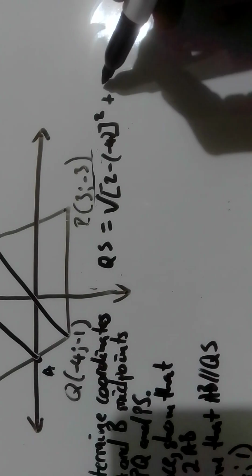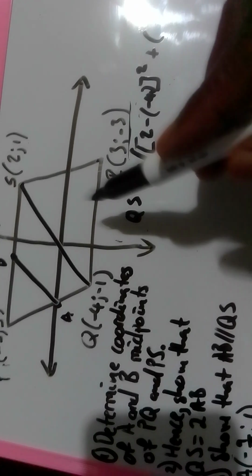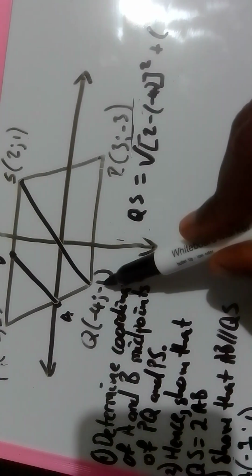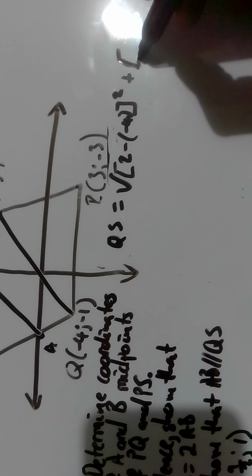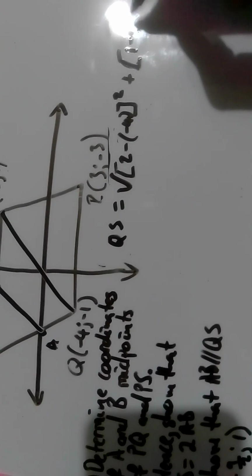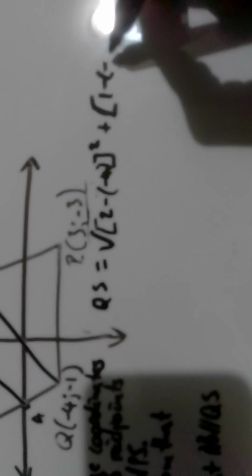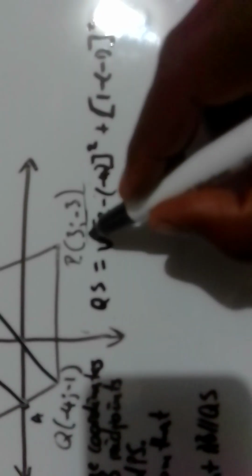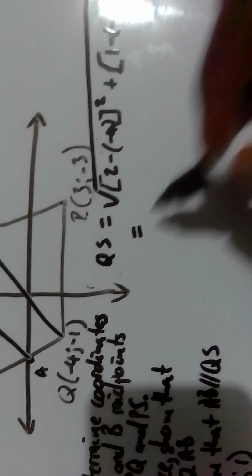Then I say plus, I open the bracket. Now I check y2 minus y1. Also I'm supposed to use square brackets. Then I say 1 minus open bracket -1 inside the brackets. Then I say squared. Then I put the hood of the square root.